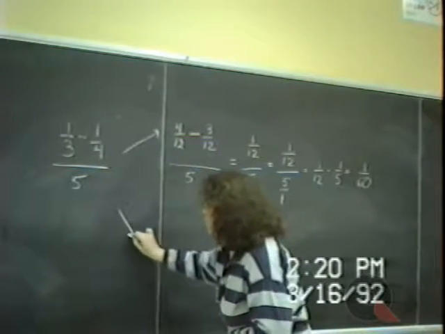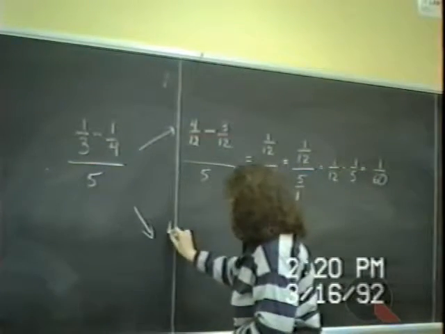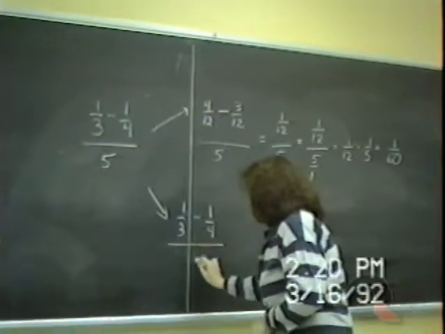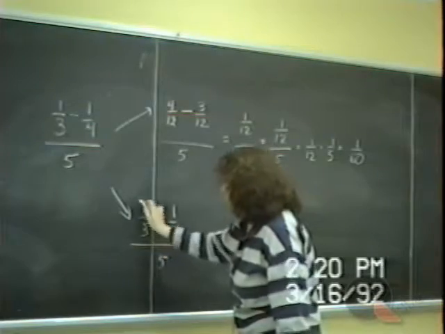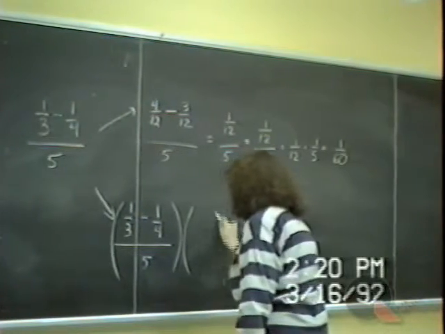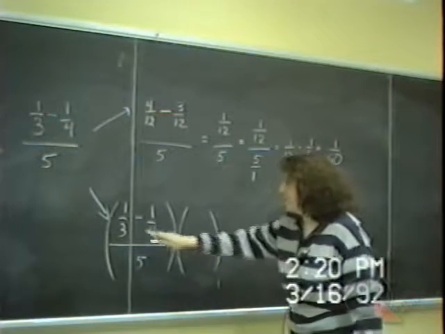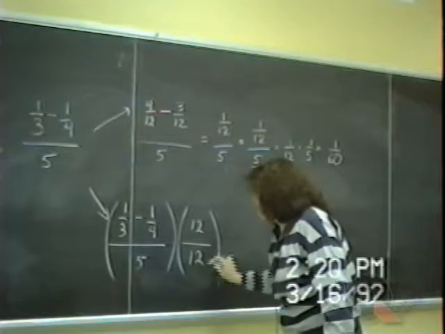Another approach, and I think preferable in this kind of problem, is the following. We take our problem, 1/3 minus 1/4 over 5, and we multiply by 1 in the form the product of the denominators over the product of the denominators. So 3 times 4, or 12 over 12.